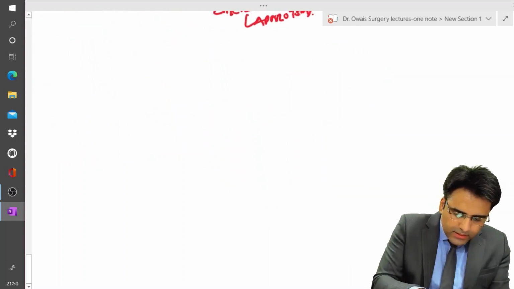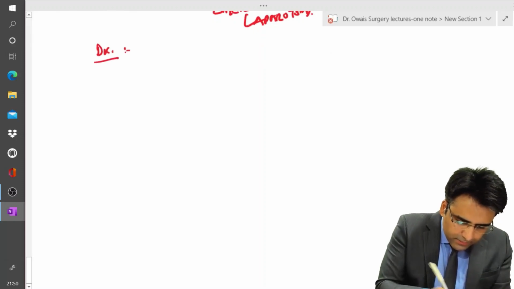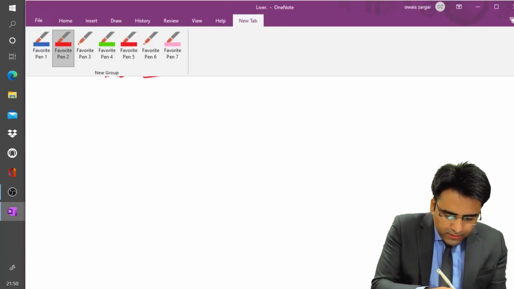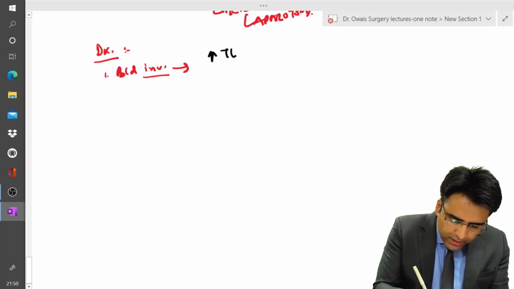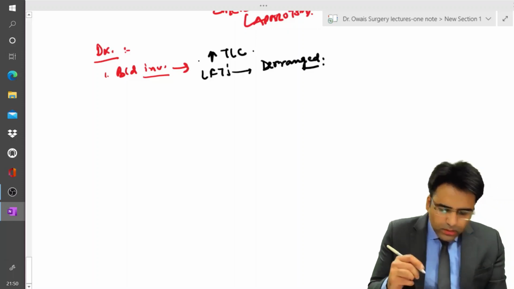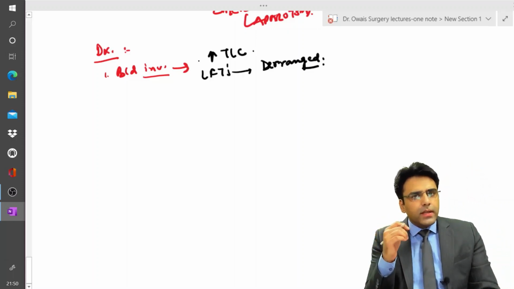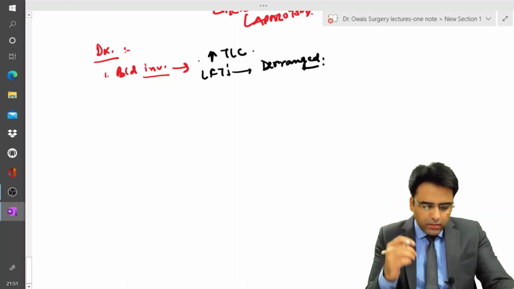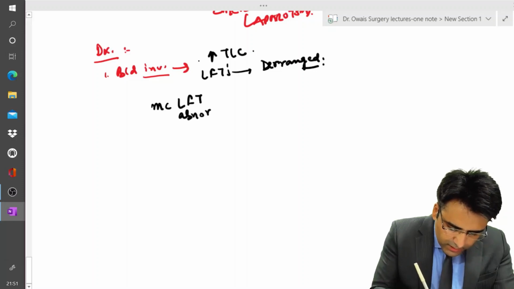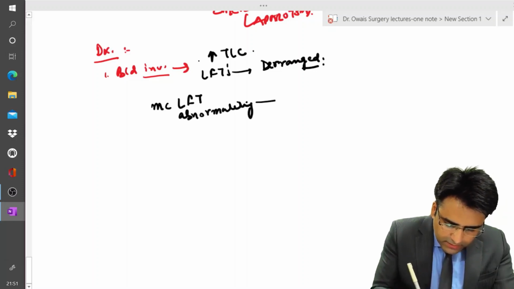After that, let us discuss the diagnosis. First we will go for blood investigations. There will be increased total leukocyte count, and the liver function tests will be deranged. Now, what is the most common LFT abnormality? This is a very important question.